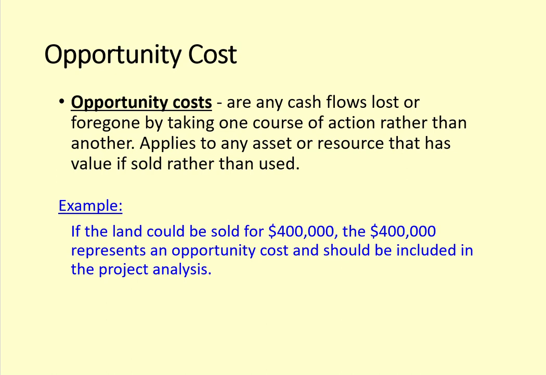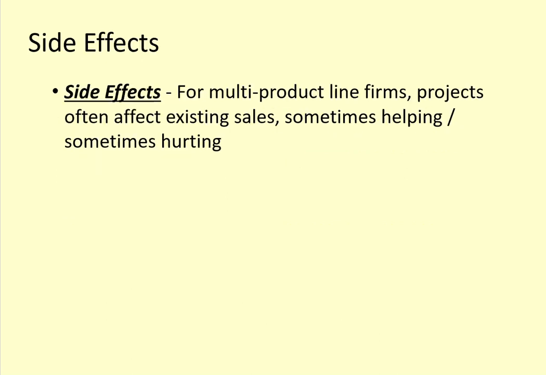If we use the land in the project, we can't sell the land, we won't receive the $400,000. So we'll want to include that $400,000 as an opportunity cost in evaluating the project. Not the $500,000 that we paid for the land, that's a sunk cost, but we do want to include the opportunity cost. We also want to consider what we refer to as side effects.